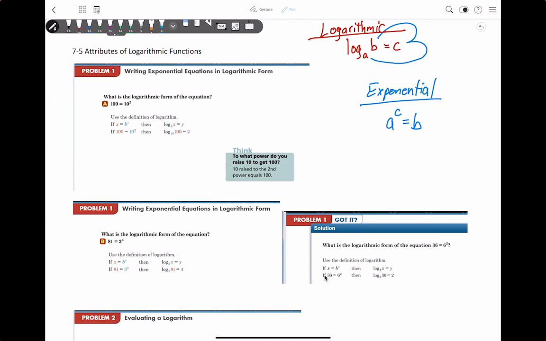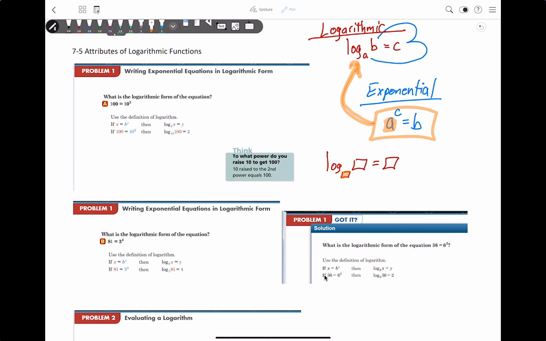And to go back and forth, let's say that I have an exponential function. The biggest thing to understand is that you're going to have some log base of some argument, and it's equal to some number. The best way, if you're going from exponential to logarithm, is to keep in mind that the base is very important, and it's going to go there as the base for the log.